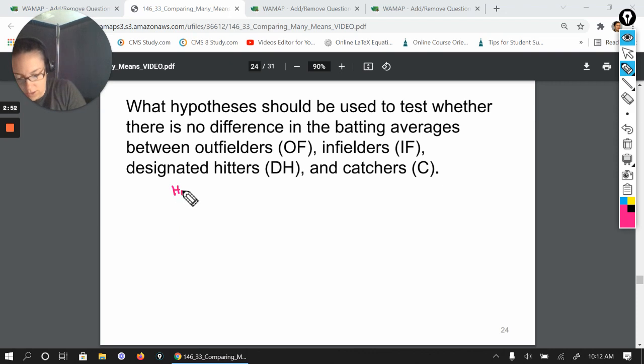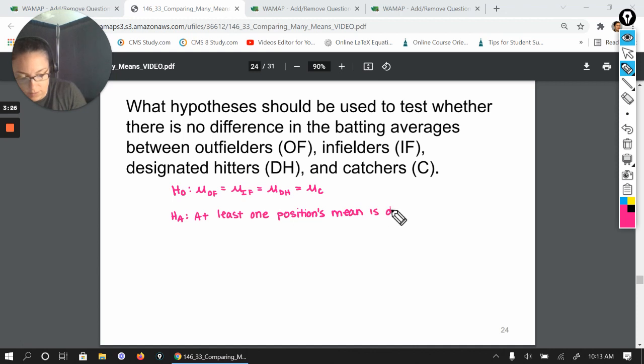So the null hypothesis would be that the mean of the outfielders equals the mean of the infielders equals the mean of the designated hitters equals the mean of the catchers. And then the alternative hypothesis would say that at least one position is different from the others. I'll put at least one position's mean is different.